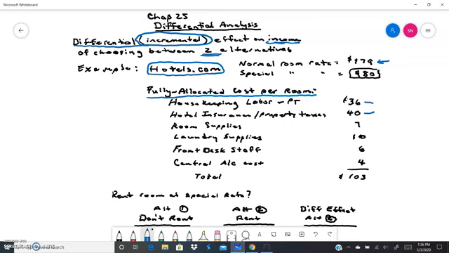Room supplies, so these would be the little chocolates, mints, soaps, shampoos, things like that supplied each time the room is rented. That's $7. Laundry supplies, every time the room is rented. Of course, the linens are done, the towels are washed. This would be all the supplies to wash the towels and sheets and things like that.